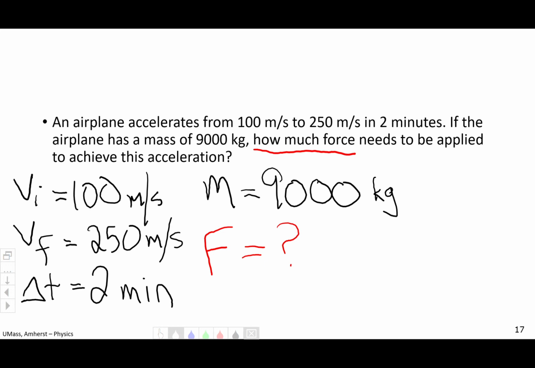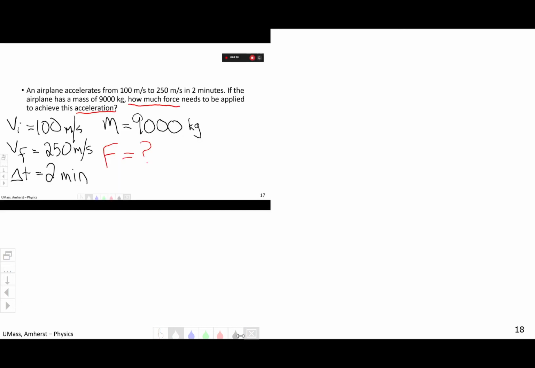So if we're looking at this, we know that it is accelerating. All right, we can tell because we have a change in velocity. We go from 100 meters per second to 250 meters per second. Now, if we're looking at formulas that we might consider useful, let's list things that we know. The most basic one is our F equals ma.